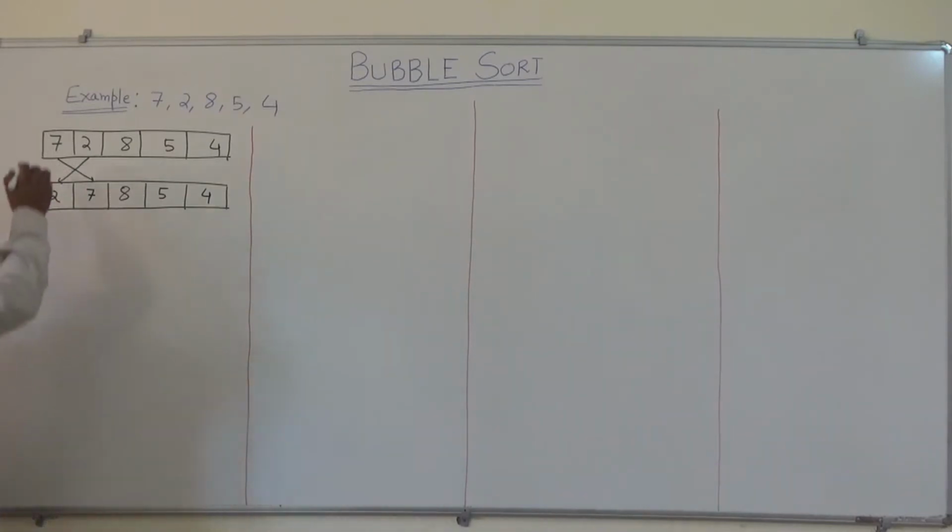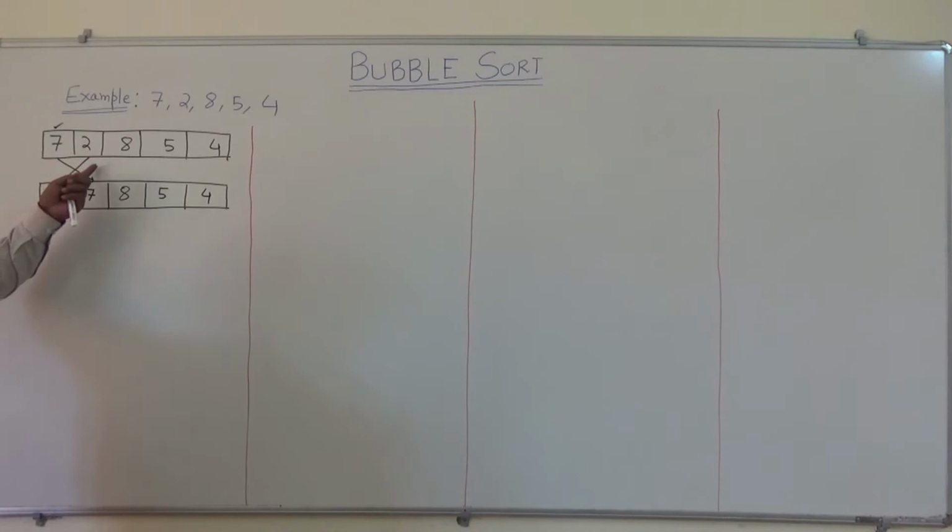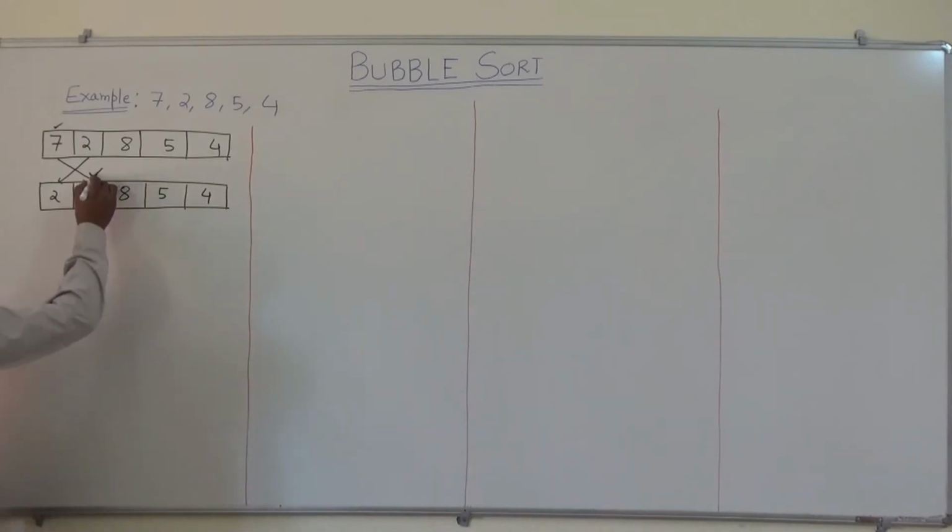Now we have taken the first element and compared it with the second element. Now we will compare the second element with the third element. Now 7 and 8 are compared. Because 7 is less than 8, there will be no change.